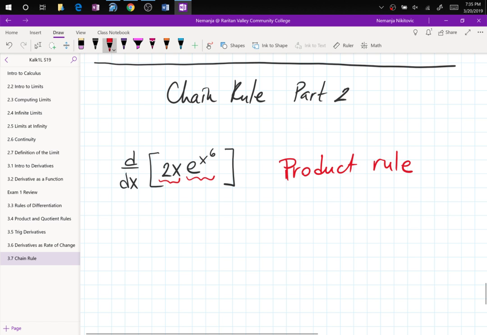But now when you carefully inspect the two factors in this product rule, you see that the second one is the chain, actually, because you have x to the 6 within e to the x. So the product rule is the boss. It's the main rule that we use to solve the problem, and then chain rule within.